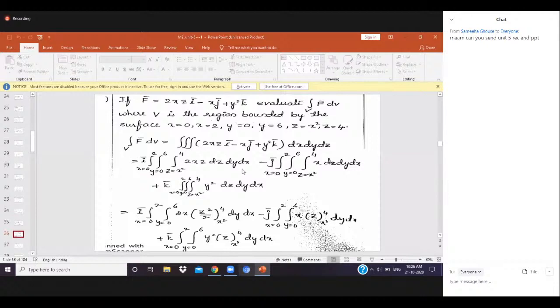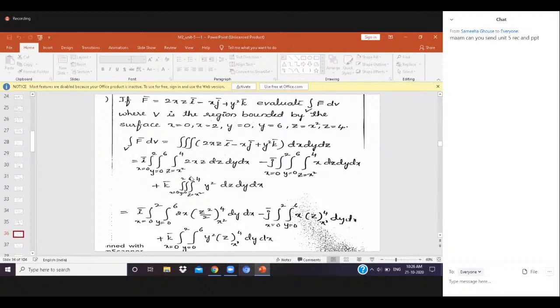Why are we writing dz first? According to the property of multiple integrals, z has limits depending on x, while y and x have constant limits. So we need to evaluate z first. Then for the constant limits of x and y, we can evaluate either x first or y first, there is no problem. But we must evaluate with respect to z first.